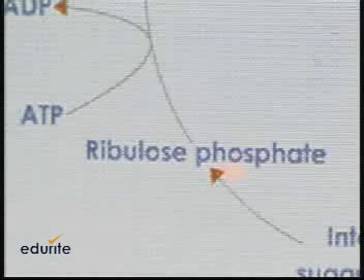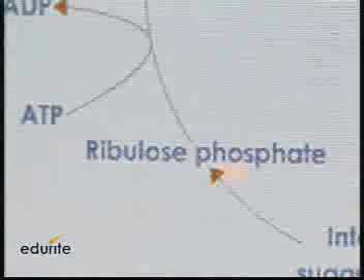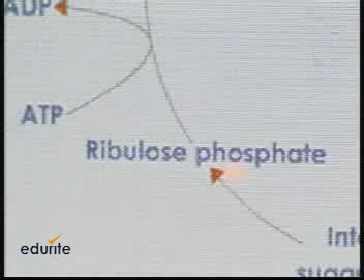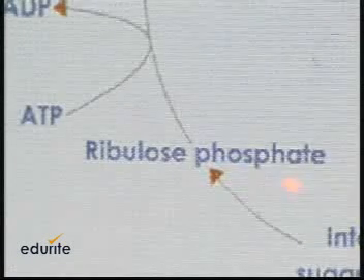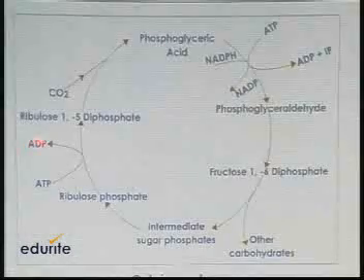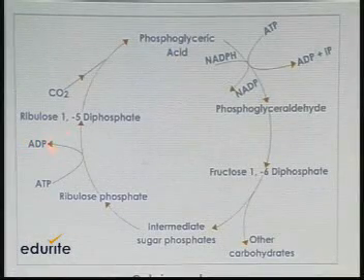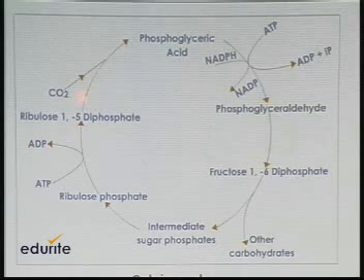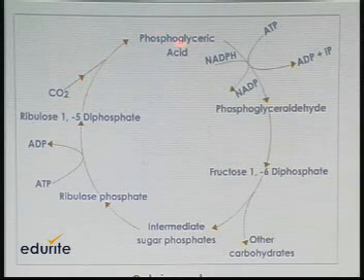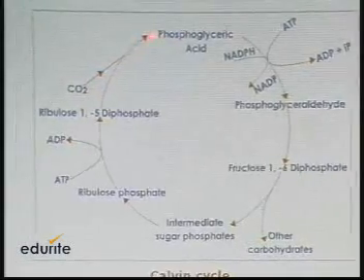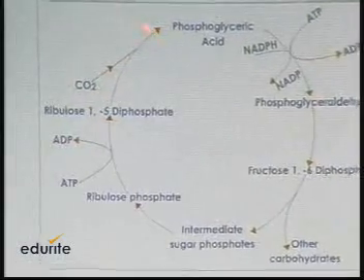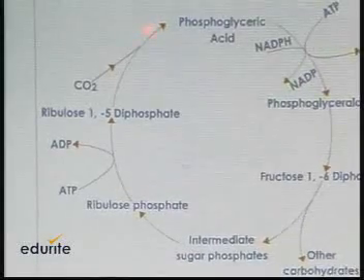6 molecules of ribulose phosphate are converted into ribulose diphosphate by taking in 6 phosphates from ATP, that is ATP is changed into ADP and inorganic phosphates. This part of the Calvin cycle is extremely important, where really carbon dioxide is being fixed.